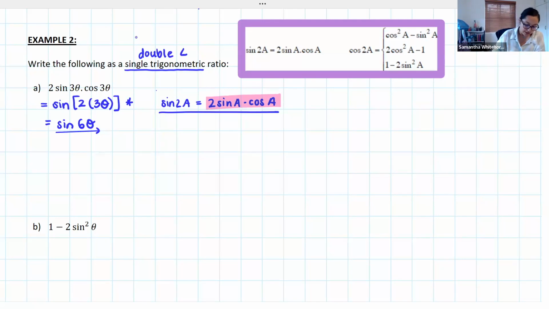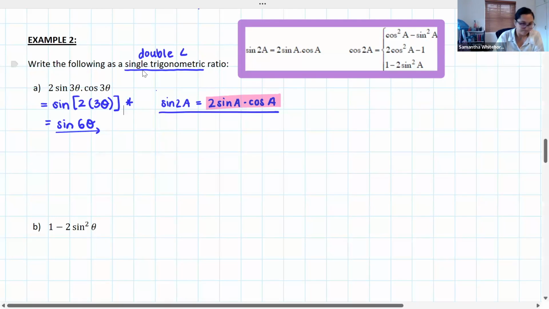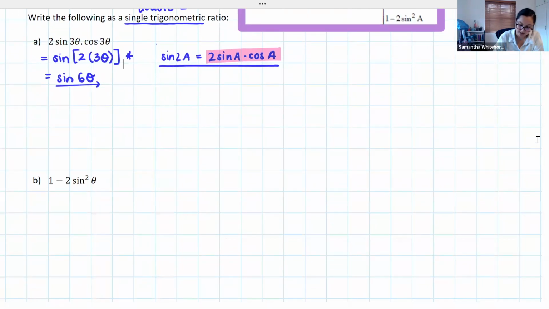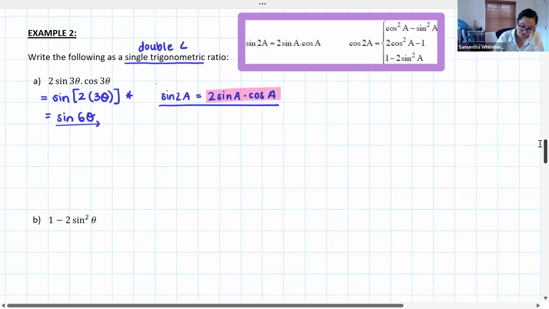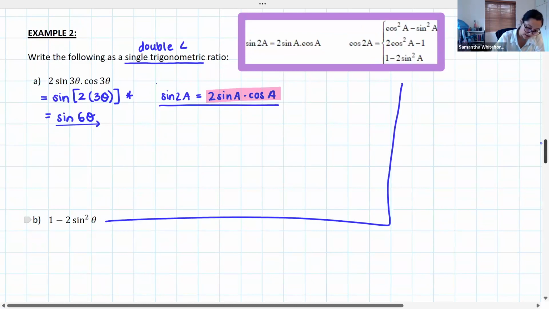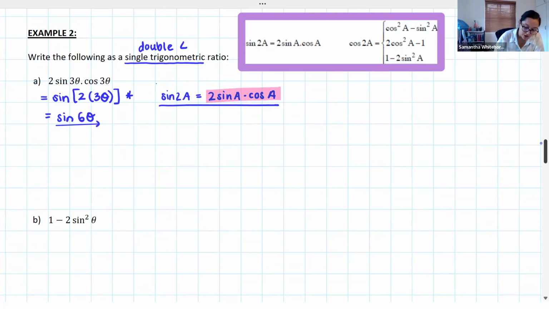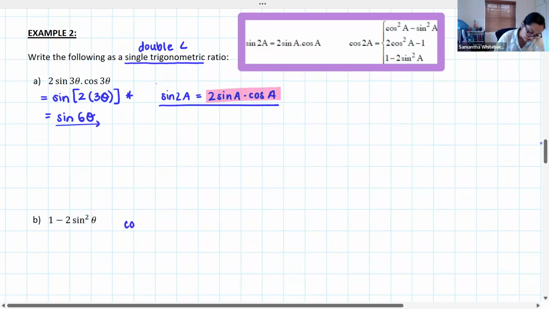If we have a look at question B, we have got 1 minus 2 sine squared theta. If we look at our cos identities, that does match up with one of them. So we always want to make sure it does actually match up with the identity that we have. Can't just apply things willy-nilly, but it matches up, so we're happy. So that means that we're working with a cos double angle.